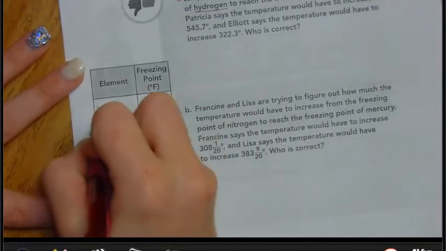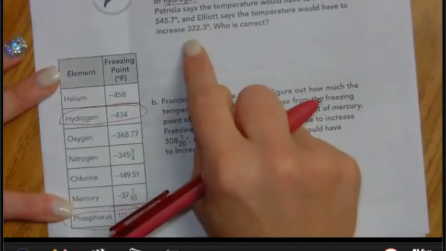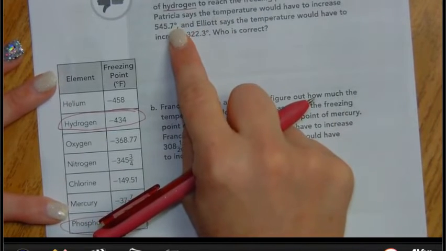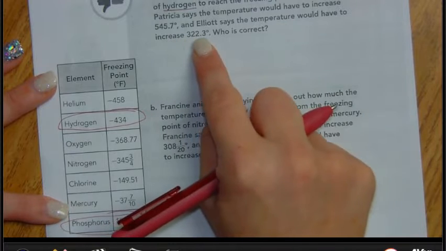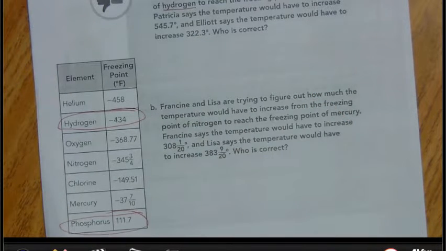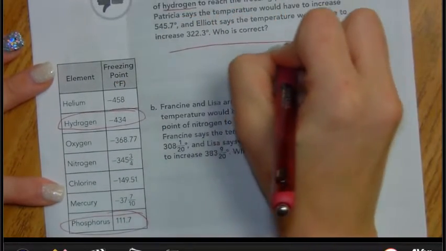Patricia says the temperature would have to increase 545.7 degrees, and Elliot says the temperature would have to increase 322.3 degrees. Who is correct?